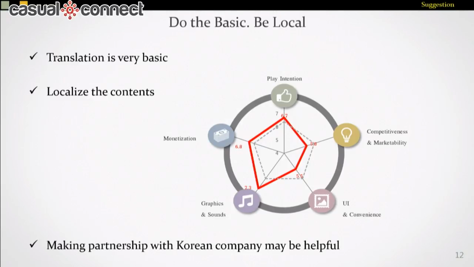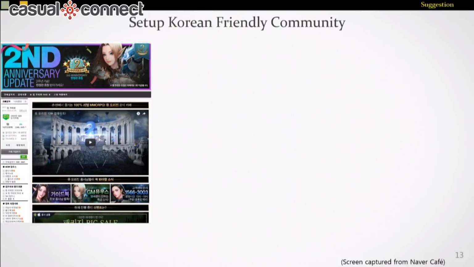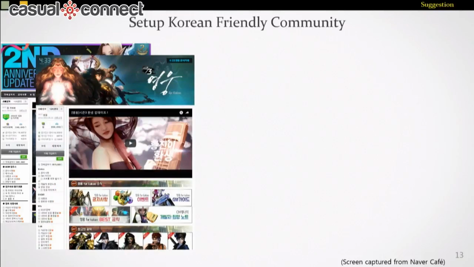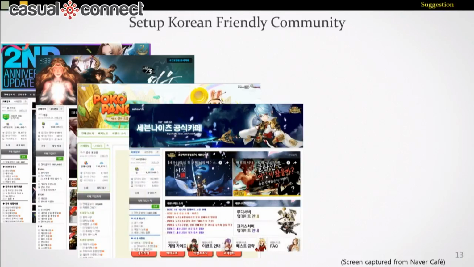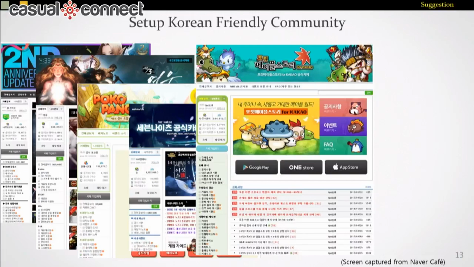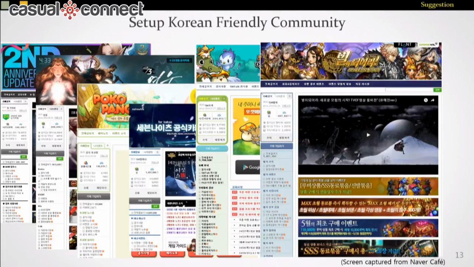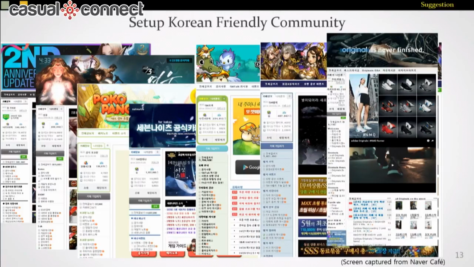Then what I want to suggest to you is to set up a community. A Korean style community with Korean style operation. This community is from WebGen, Mu, and this community is from 433, from NHN, from Netmarble, from Nexon, from Gamebeer, and from Adidas.